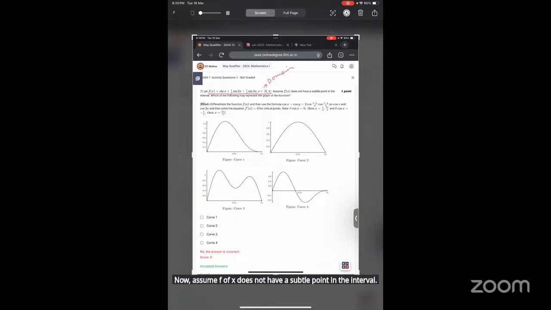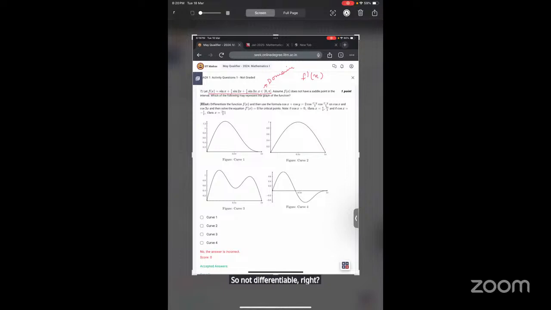Okay, so if f(x) has a saddle point in the interval, then what do we know? f dash x will be not differentiable, right?